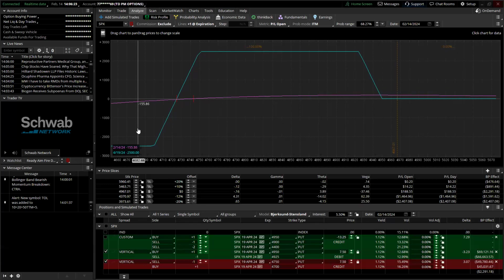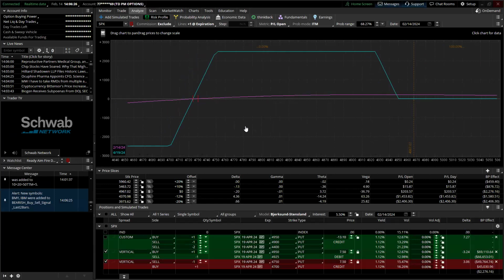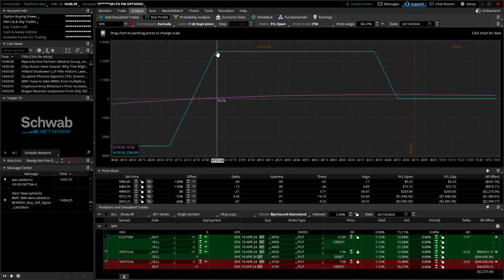If that is the case, on the downside at expiration, if SPX is below 4,700, our put credit spread is fully in the money, which means that we are down $5,000 on the put credit spread. We are up $2,500 on the put debit spread.